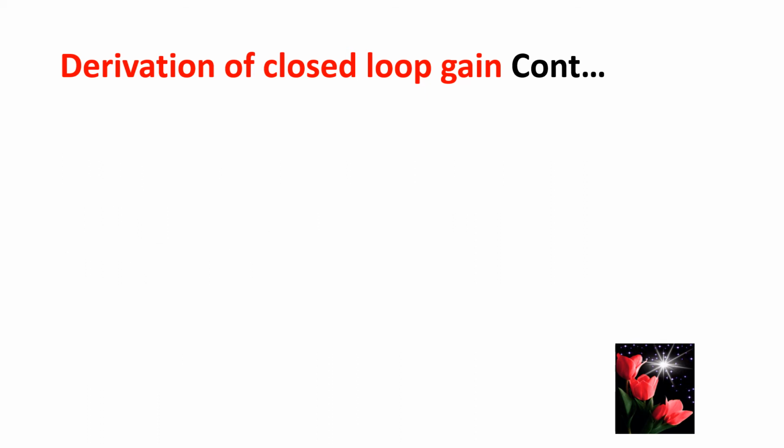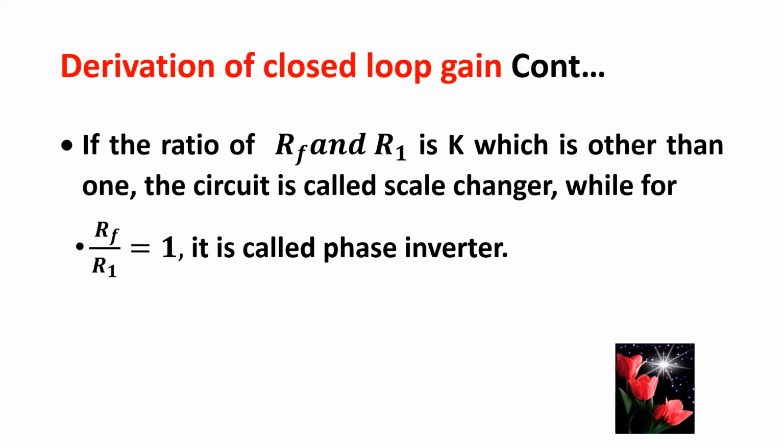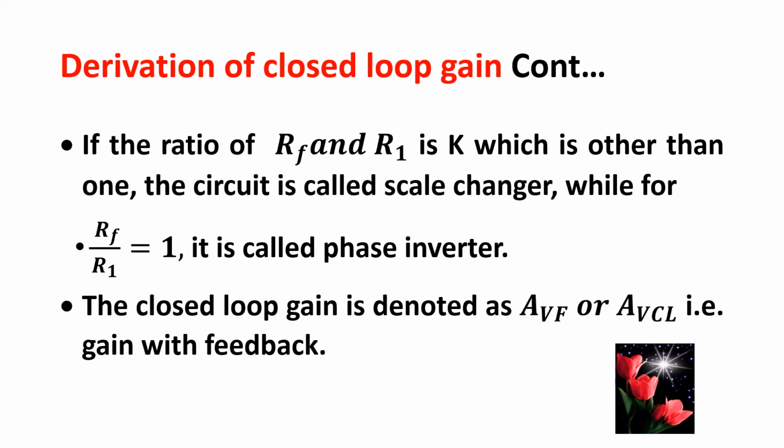If the ratio of RF and R1 is K, which is other than 1, the circuit is called a scale changer, while for RF by R1 equal to 1, it is called a phase inverter. The closed loop gain is denoted as AVf or AVcl, that is gain with feedback.